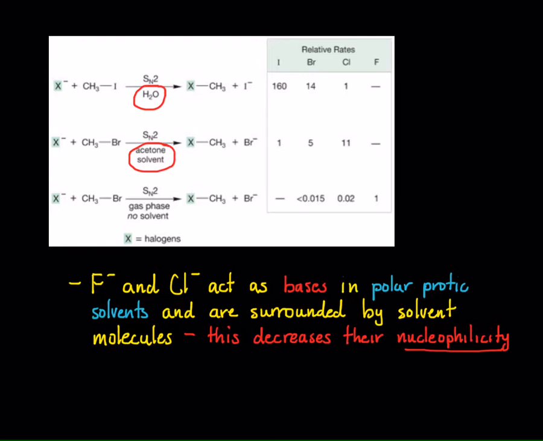Fluoride is kind of a tricky one to use, but you see a general trend that is reversed, that now iodide is the weaker nucleophile, followed by bromide, followed by chloride. And ultimately, when you have no solvent in the gas phase, then you see iodide is a very poor nucleophile, and fluoride is the best. So the trend is reversed.